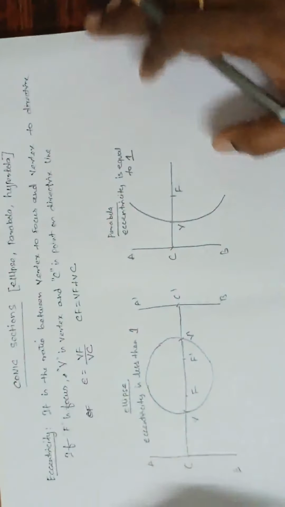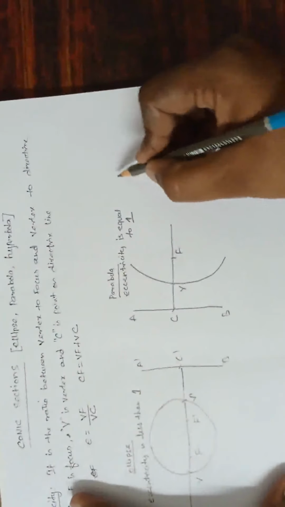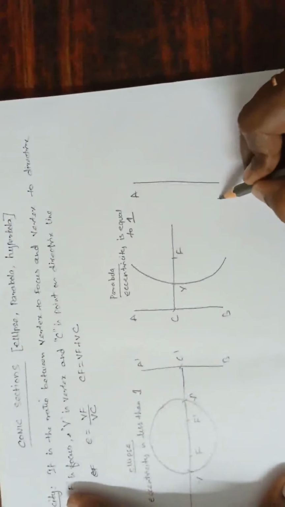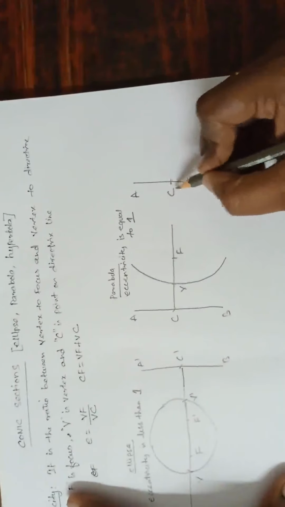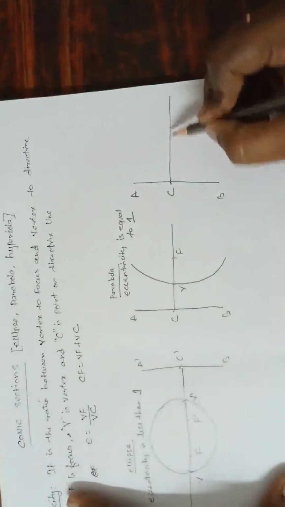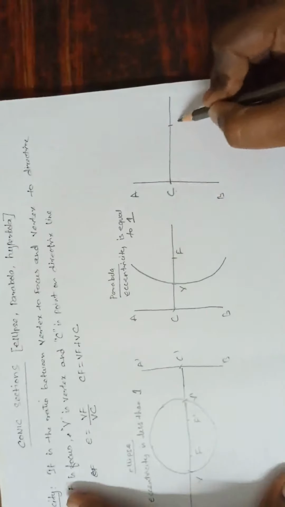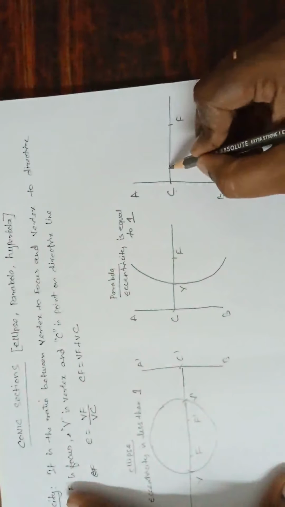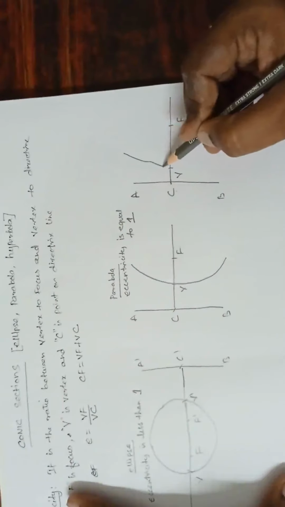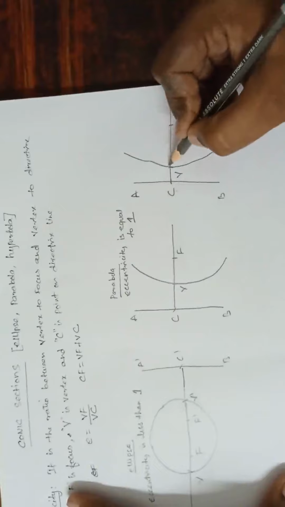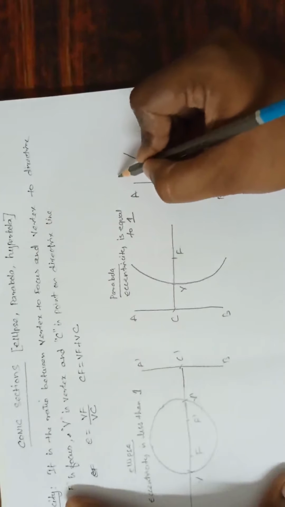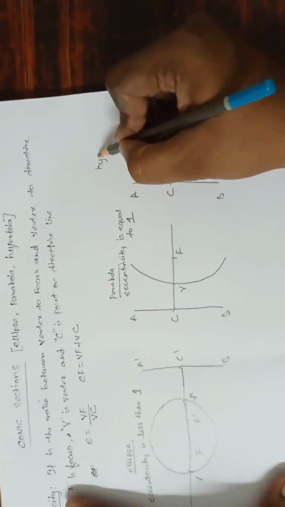Now let us come to the hyperbola. If I draw a directrix line AB, mark any point C and draw a line perpendicular to AB, it will give the distance from directrix to focus. If the vertex is nearer to directrix, the curve I will get is a hyperbola.